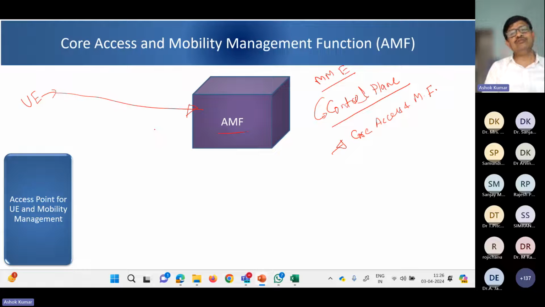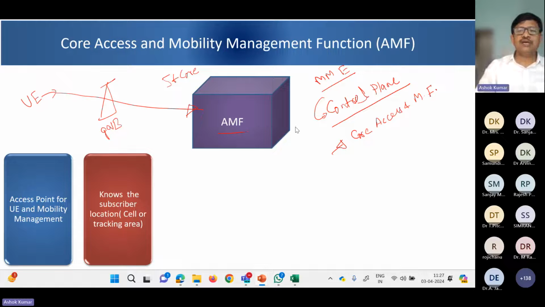AMF is the entry point for user equipment to interact with the control plane part of the 5G core. Of course, in between you have the BTS or gNodeB, but it is kind of transparent. It's a path for the UE to interact with the 5G core. So this is an access point for the UE. And of course, it does mobility management, which I'll talk about.